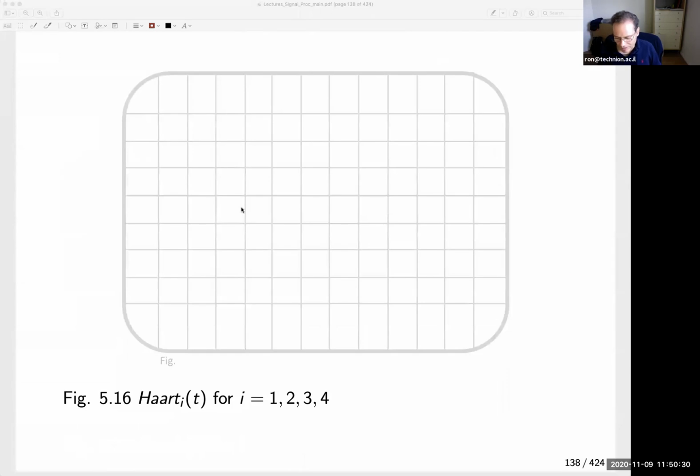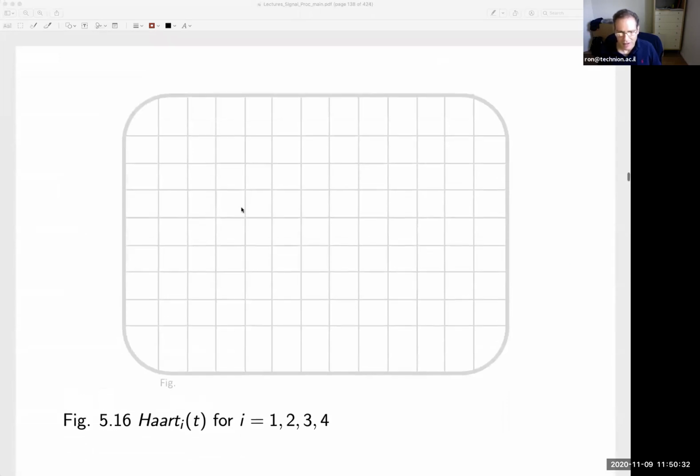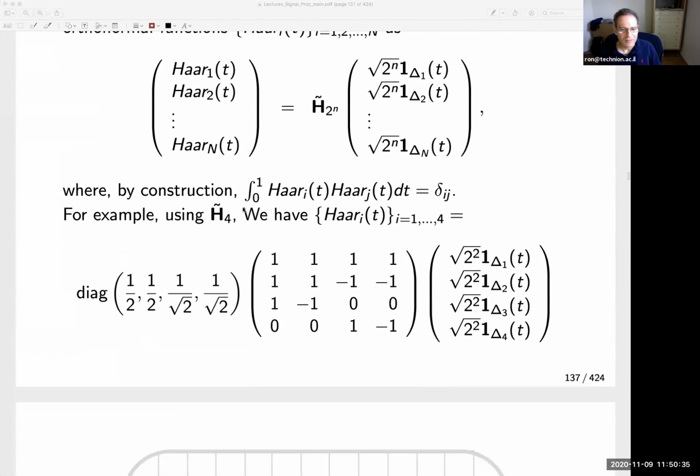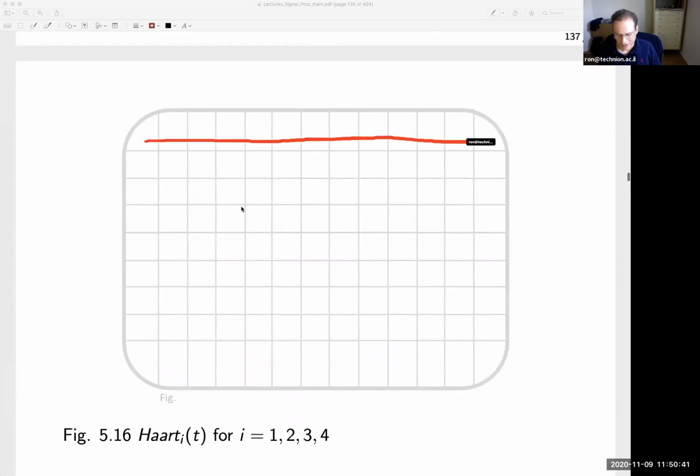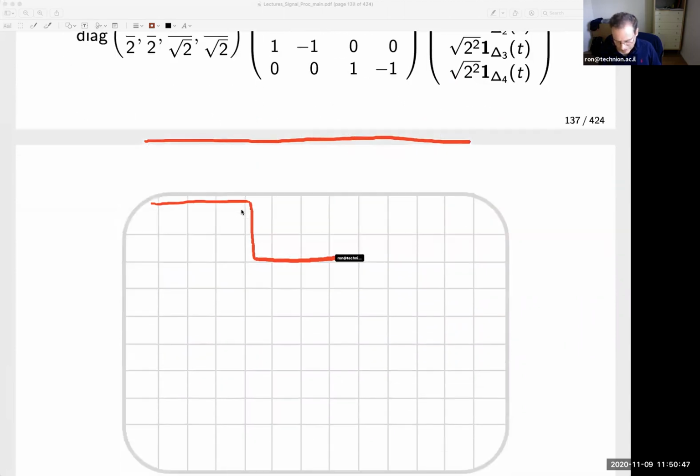I've just plotted it, but let's do it again. The first one would just be the constant. The second one would be constant and then minus. Just go over it again. It will be constant until the center and then -1.